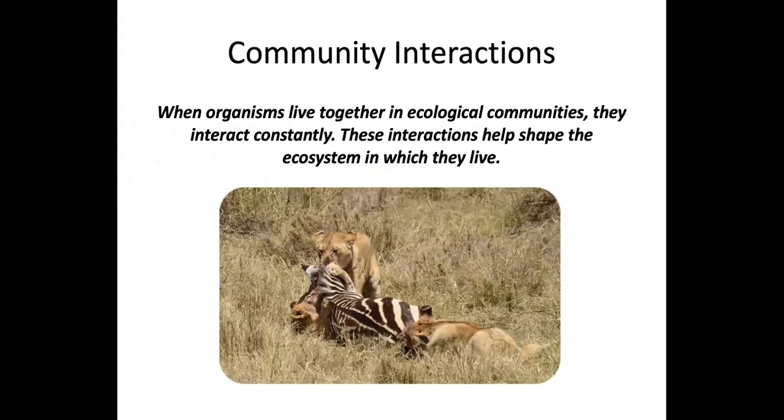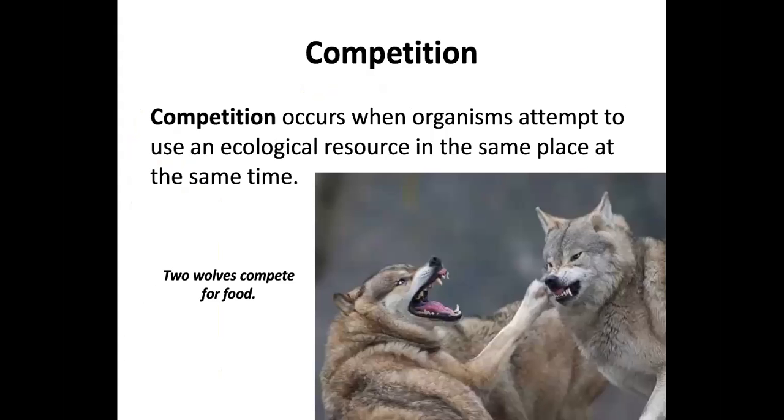So this takes us into community interactions. When organisms live together in an ecological community, they are constantly interacting with one another. These interactions help shape the ecosystem that they live in. And then we have what is known as competition.